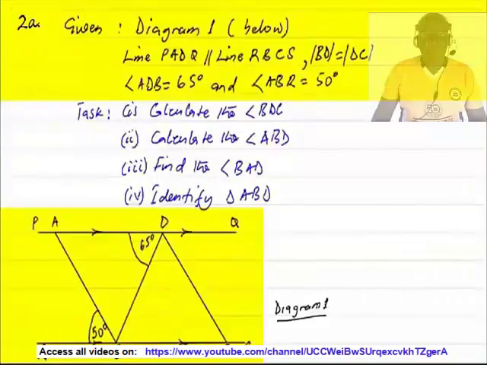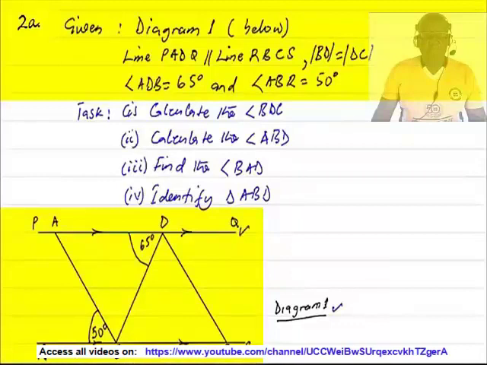2A, we have been given diagram 1. The line BADQ is parallel to line RBCS, and magnitude of BD equals magnitude of DC. Angle ADB equals 65 degrees and angle ABR equals 50 degrees.